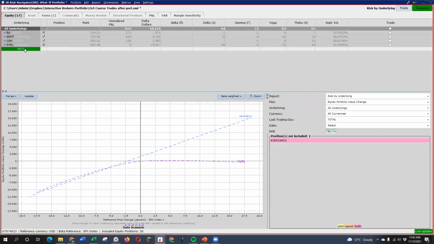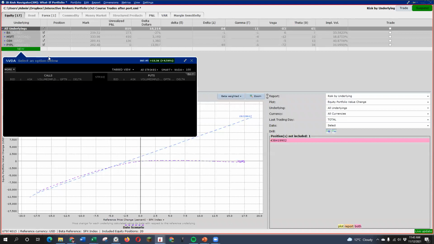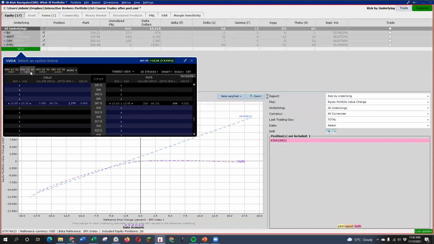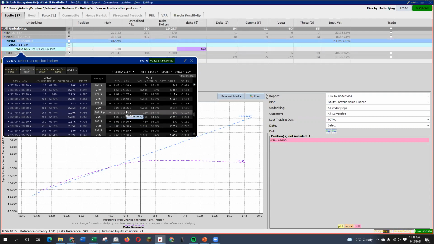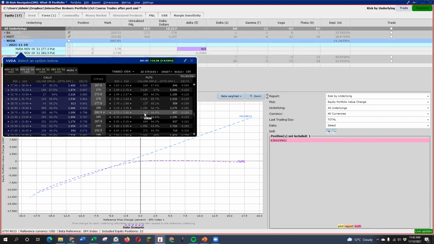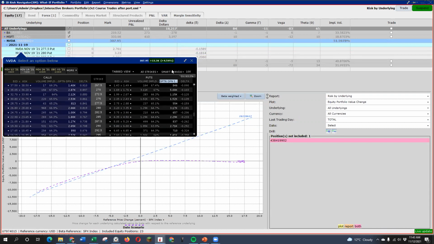So NVIDIA, November, 283.80 was the expected move. That's about an 18 delta if we're below that level, or 20 delta if we're a little bit closer. So we could sell that one, buy that one, or there's slightly less volume there. I'd probably be inclined to do the 280, 275.